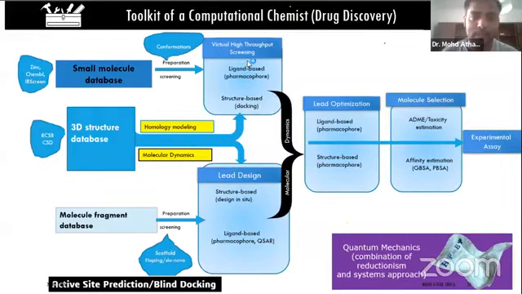Ligand-based approaches like pharmacophore and QSAR need information of the ligand only. You can start the pipeline, or else you can go with a structure-based approach, and then you can go for lead optimization, and then further optimization of the drug, like assessing the ADMET profile, PK/PD profile, and like that.